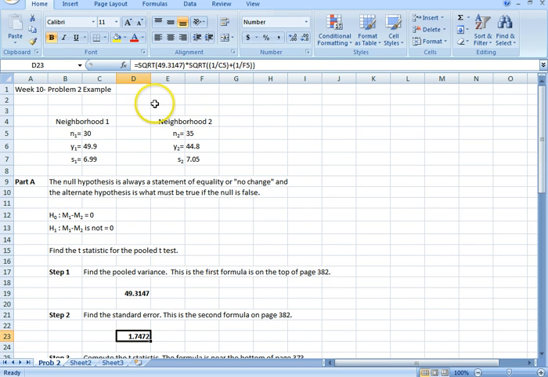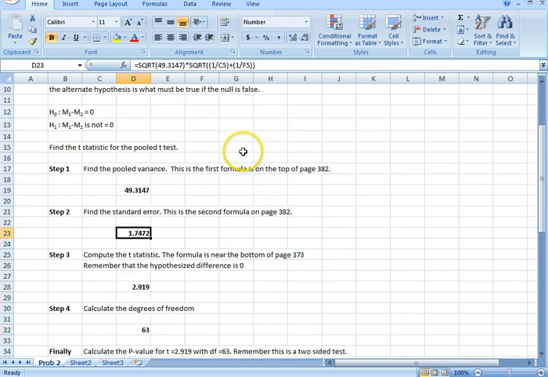So the square root of our pooled variance times the square root of 1 over both of these sample sizes. And our calculation here, 1.7472 is our standard error.